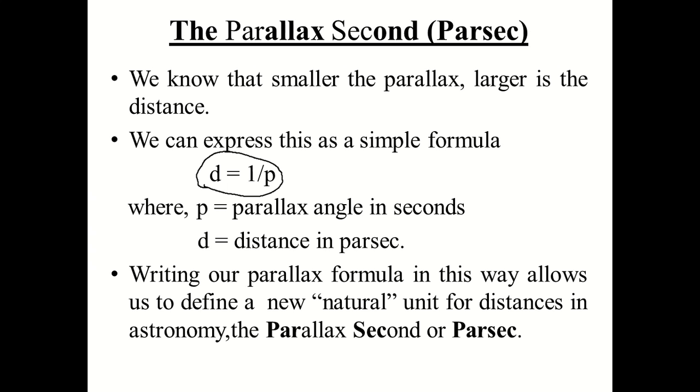Then d will be the distance in parsec, one of the units used to represent distances in astronomy. It is the parallax second: the first three letters of parallax are PAR, and the first three letters of second are SEC. Together we have parsec, usually denoted by PC.